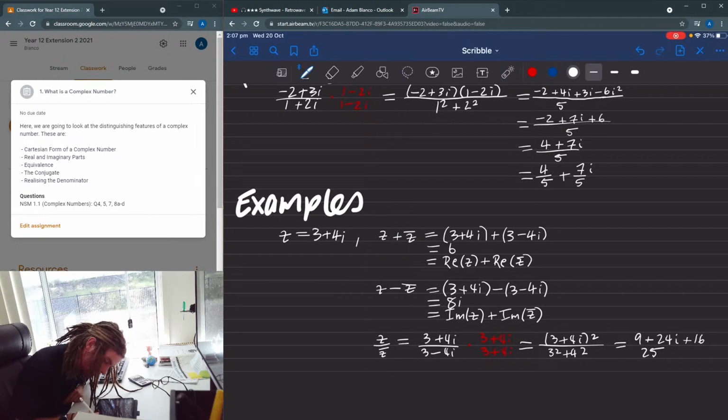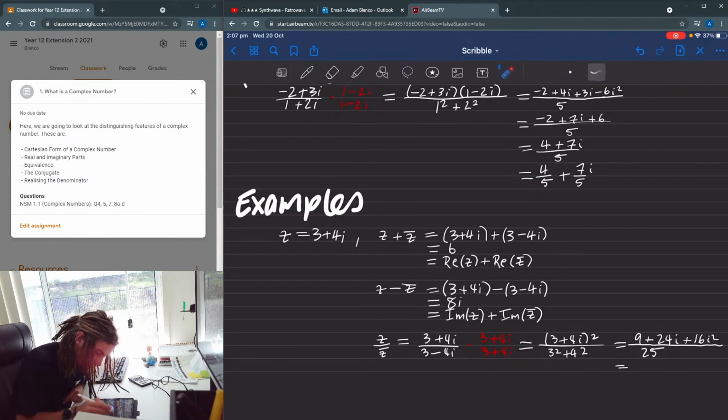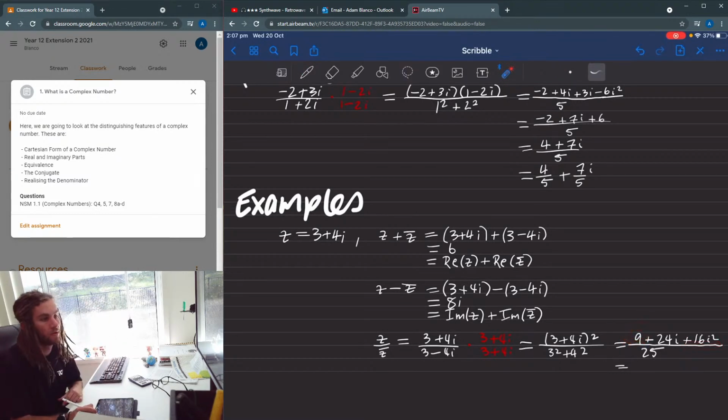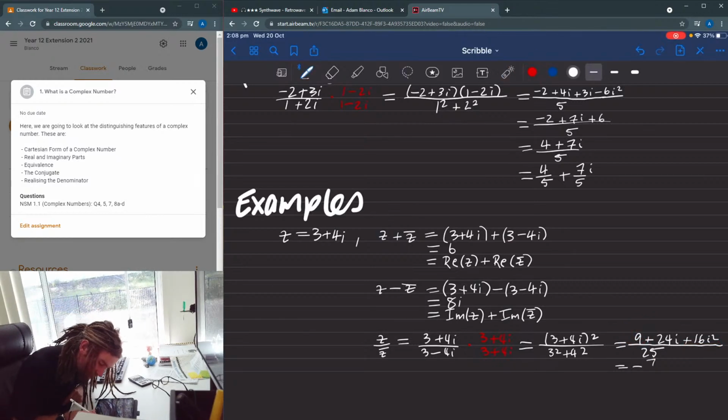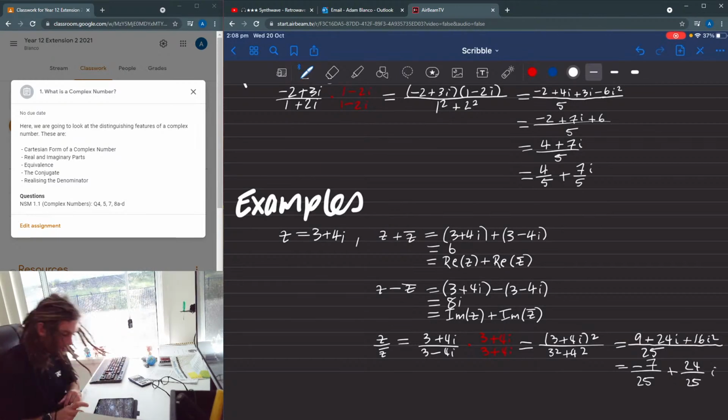Plus 16i squared. Okay, that's going to be minus 16. So 9 minus 16, minus 7. Minus 7 on 25, plus 24 on 25i.